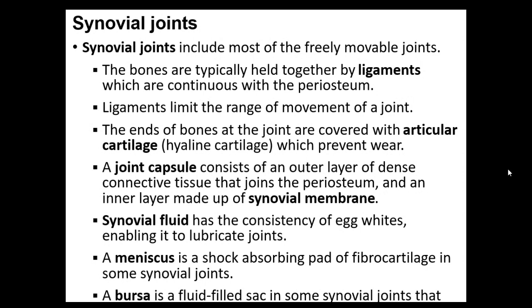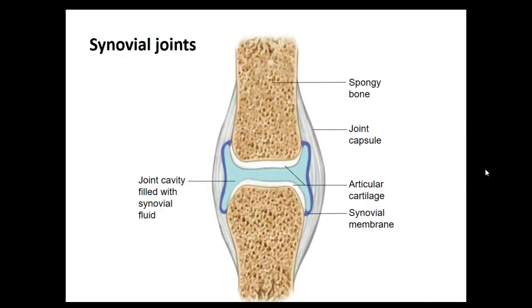A joint, let's look at a diagram. This is like a cartoon diagram of a synovial joint. The whole joint is surrounded by a joint capsule of connective tissue that completely surrounds the joint.